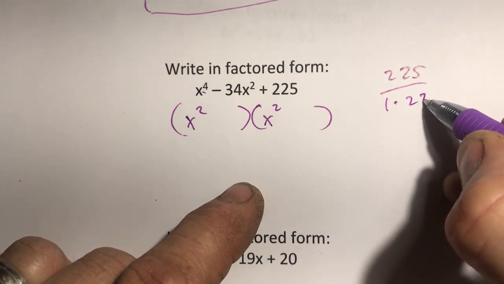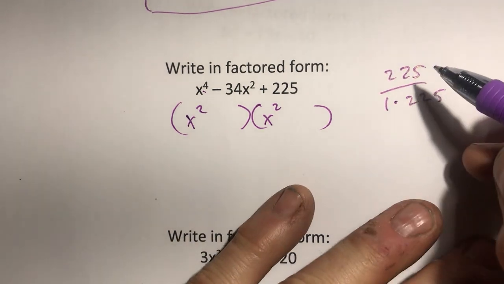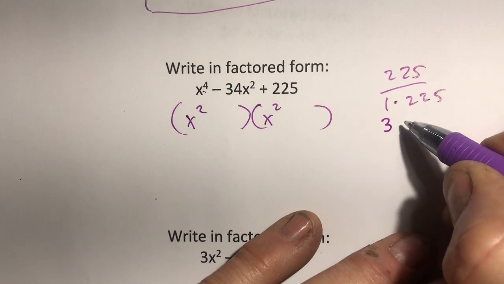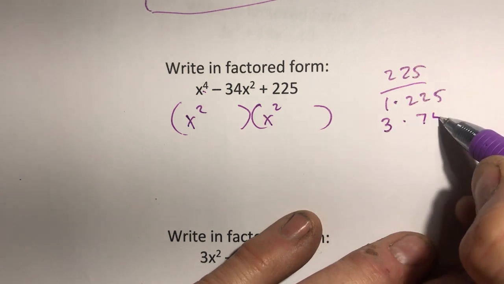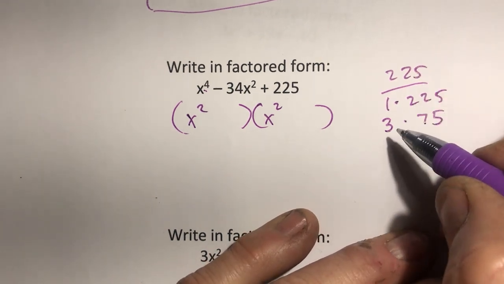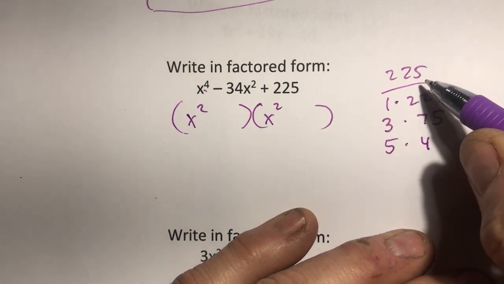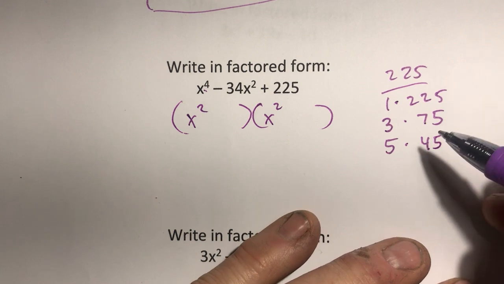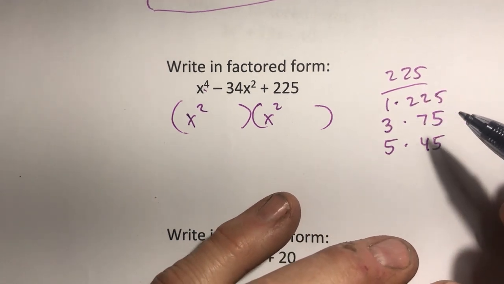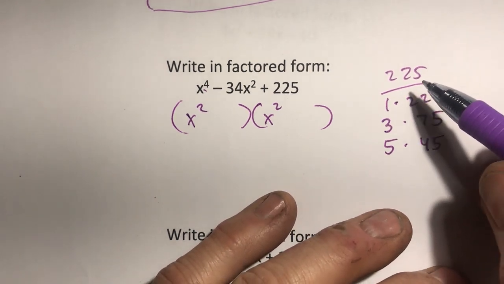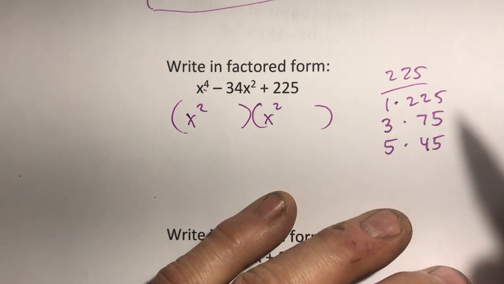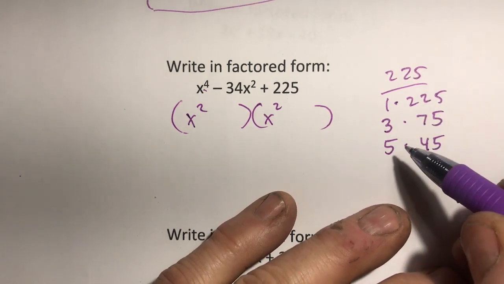225 divided by 1 is 225. 225 divided by 2 is a decimal. 225 divided by 3 is 75. 225 divided by 4 is a decimal. 225 divided by 5 is 45. 225 divided by 6 is a decimal. 7 is a decimal. 8 decimal. 9.